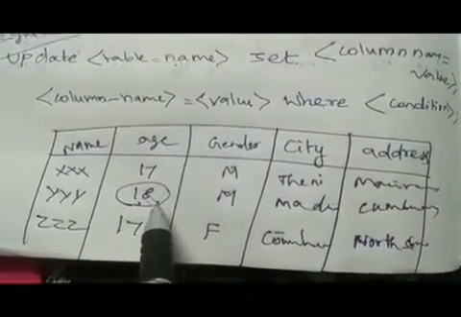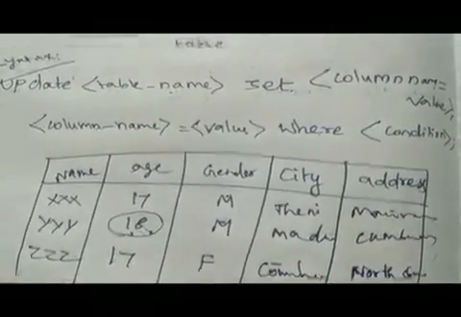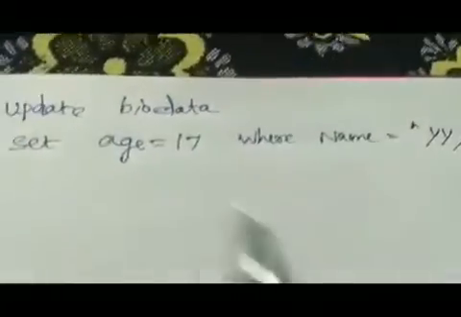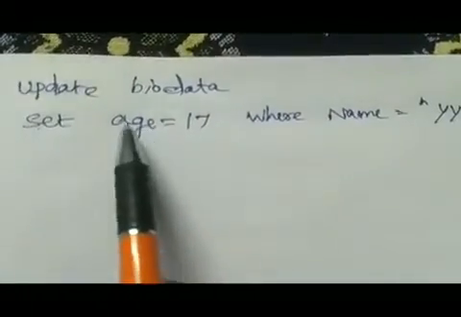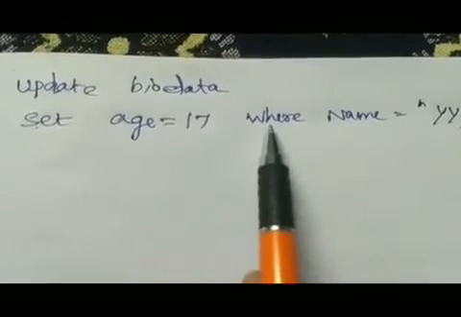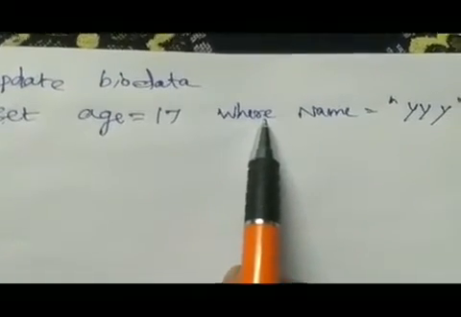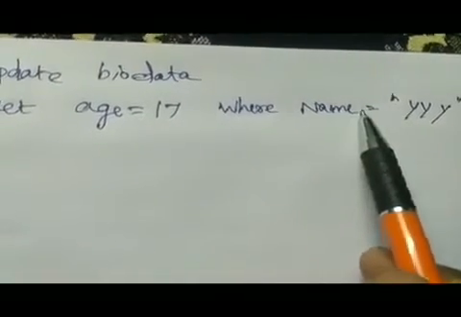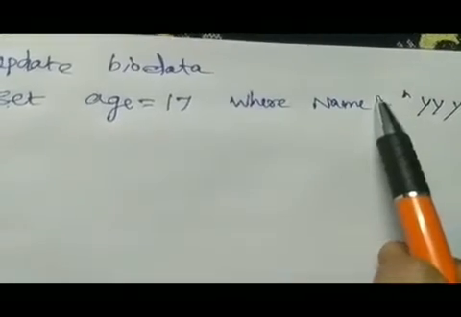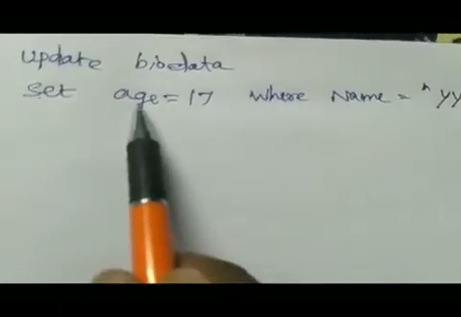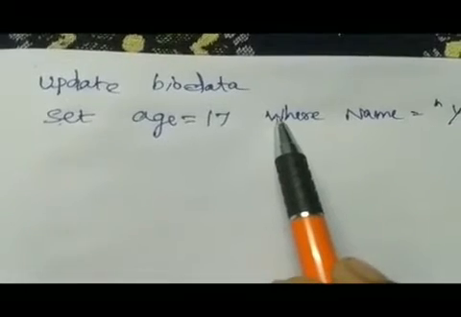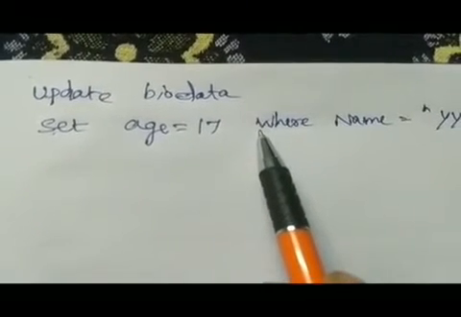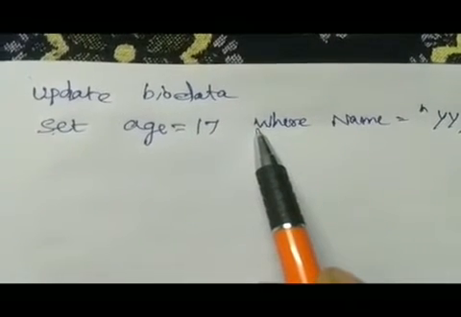Okay. So are you able to follow the update command? What is the syntax of the update command? Update table name, set column name with new value. Where is a clause which is used to specify the condition. According to the condition, some records are selected and the changes get applied. So what is the function of the where clause? What is the purpose of the where clause? In your book, the where clause also comes.